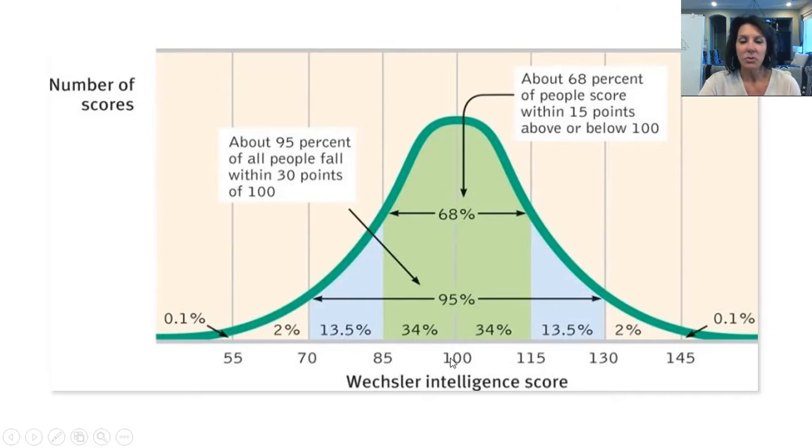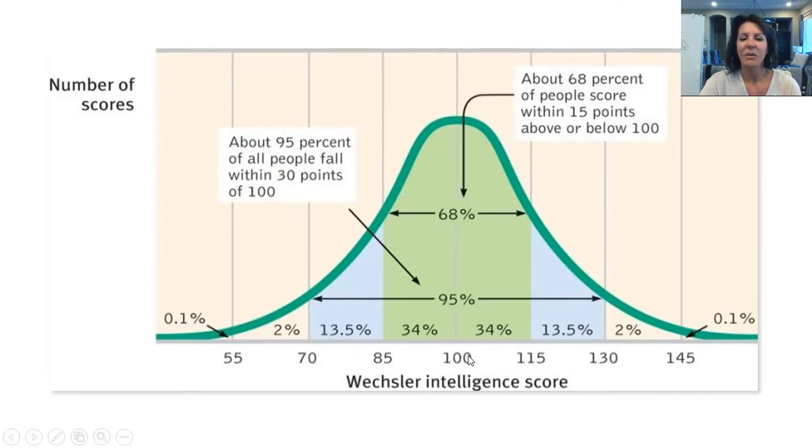So we can also do the same process to find the scores at plus or minus two standard deviations. We start at the mean of 100, and instead of adding one standard deviation, we just add two. So instead of adding 15, we add 30, and we end up with a score of 130 at two standard deviations above the mean. We're going to reverse it to go backwards.